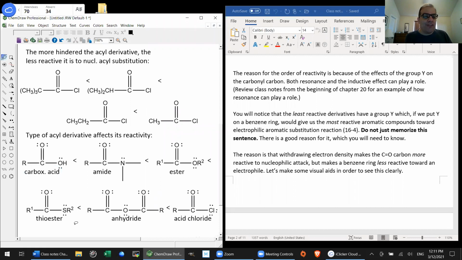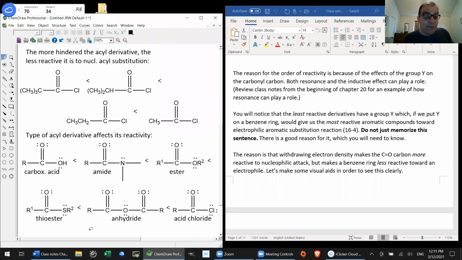Your book mentions these only because we're going to run into thioesters in later chapters on metabolism, especially chapter 29. Thioesters show up a lot in biological systems, and so it's good to remember that thioesters are kind of like esters but more reactive due to the bigger sulfur atom here.